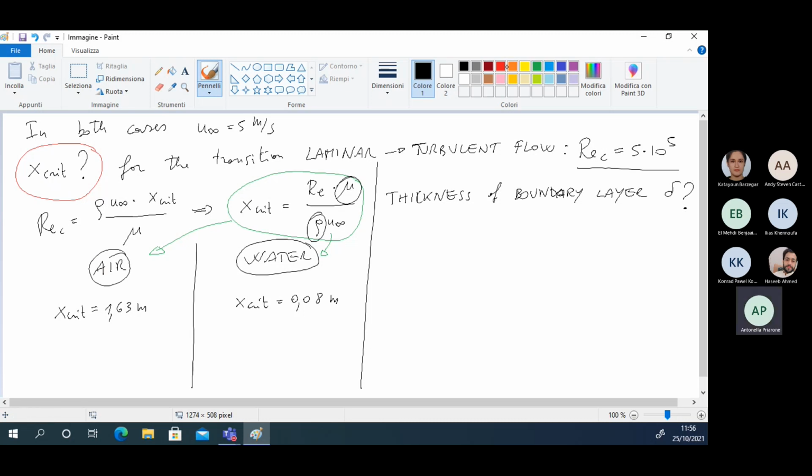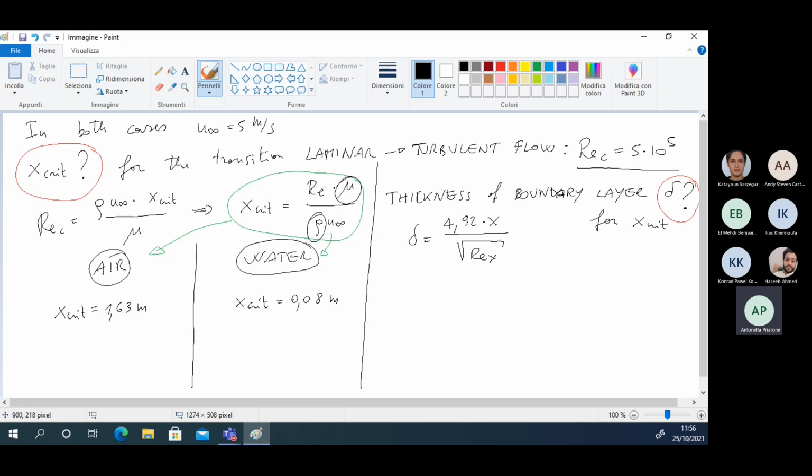And now I want to evaluate the thickness of the boundary layer at X critical. How to calculate it? I know that the thickness of a velocity boundary layer is equal to 4.92 times X divided by the square root of the Reynolds number.